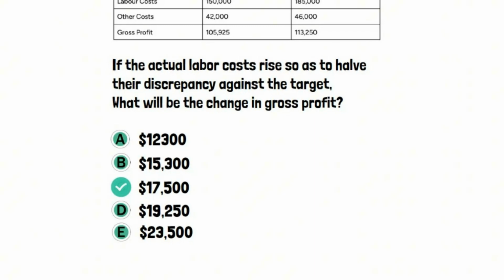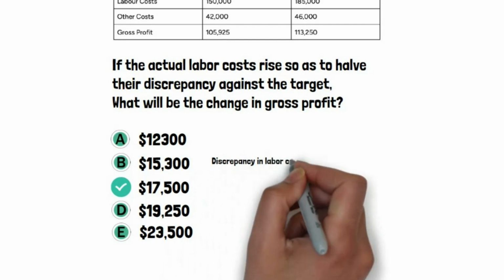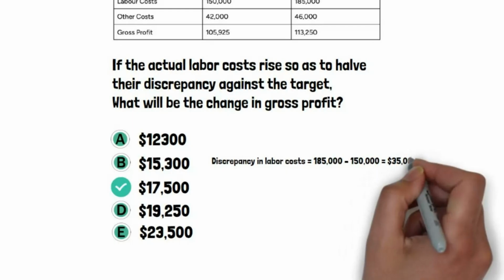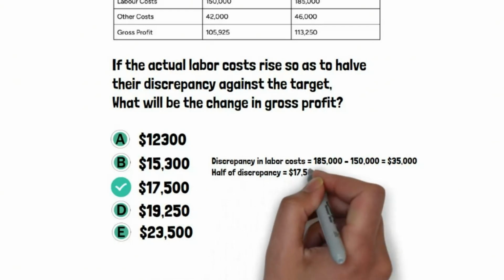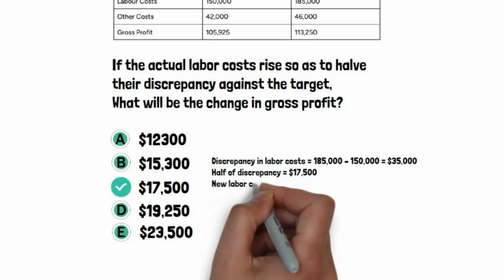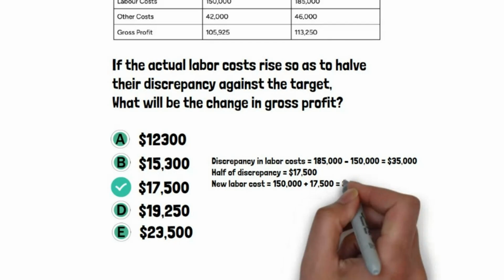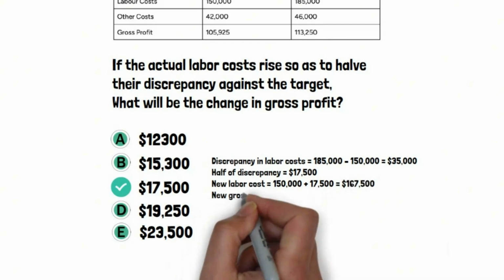Correct answer: C. Explanation. Discrepancy in labor costs equals $185,000 minus $150,000 equals $35,000. Half of discrepancy equals $17,500. New labor cost equals $150,000 plus $17,500 equals $167,500.